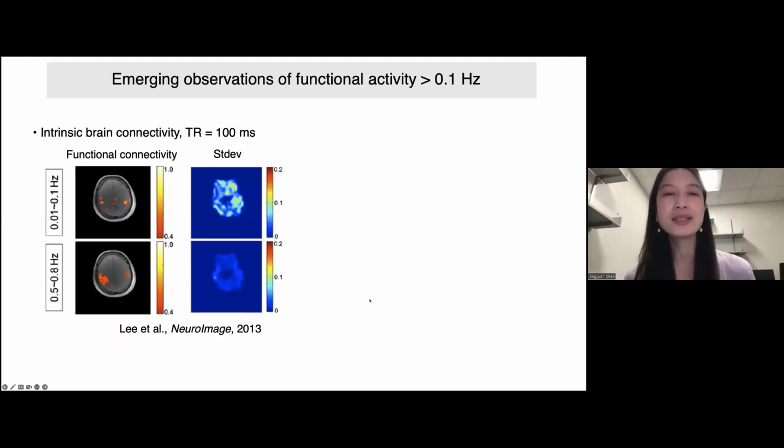So lots of studies started looking into these questions when we were able to sample data much faster. For instance, this study looked at brain functional activity patterns, concentrating on those activated regions highlighted in red. You can see that not just in the typical below 0.1 hertz range, but in the 0.5 to 0.8 hertz range, you can also see clear functional activity. These are devoid of any external stimuli.